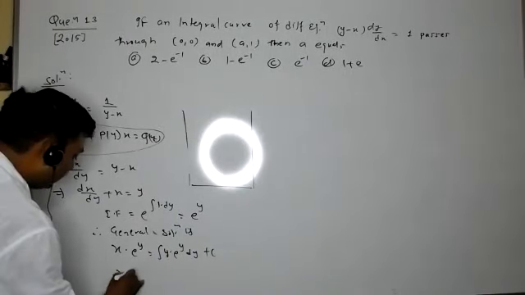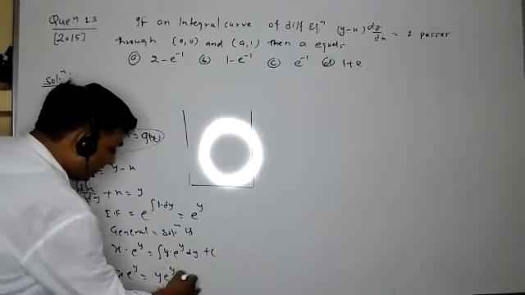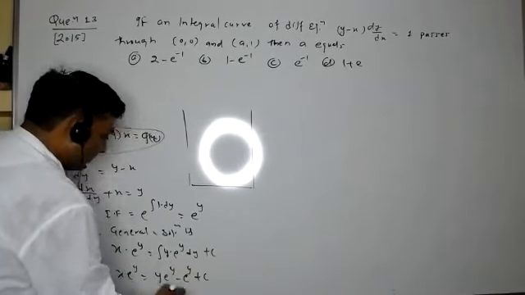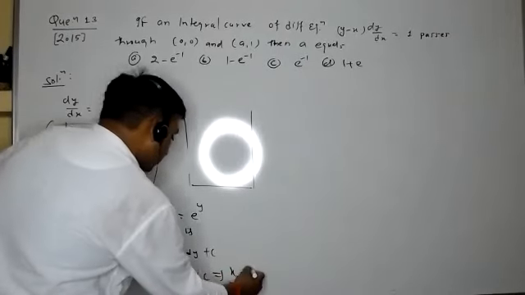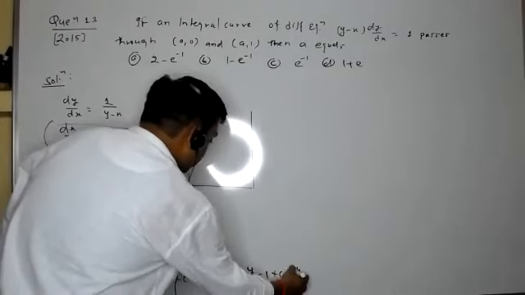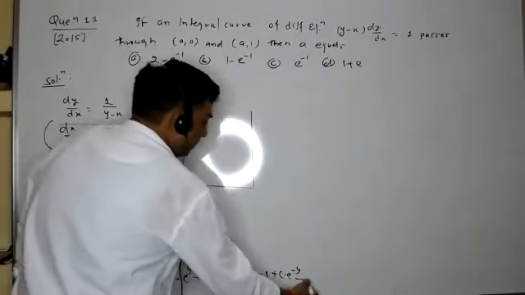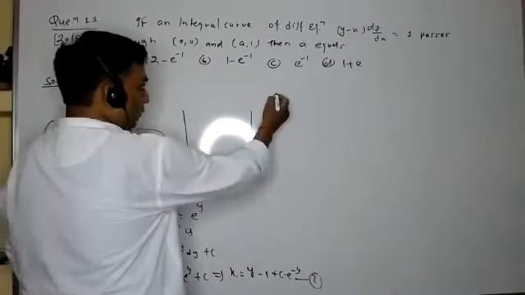So if you write like this, x e^y equals y e^y minus 1 into e^y, again plus c. So ultimately what you got, my dear fellows, x equals y minus 1 plus c into e raised to the power minus y. So let's say this is the differential equation, equation 2.